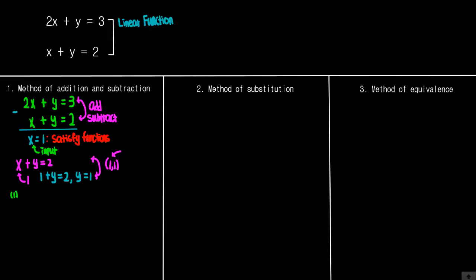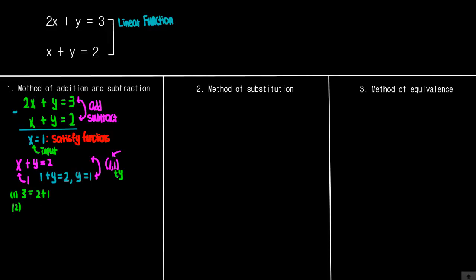So the first one, the output of our function, which is our y value, is 3, and that should be equal to x value 1 plus y value 1. This is indeed equal to 3. And let's think about the second one.